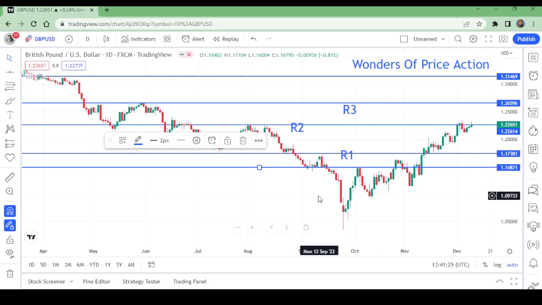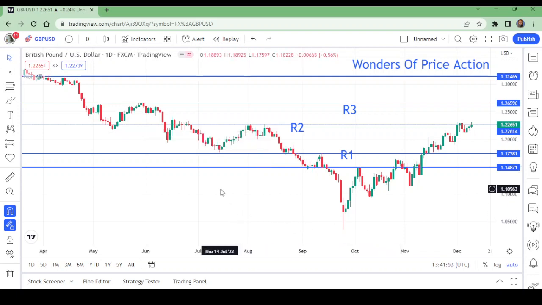This was a real resistance. This was a support turned resistance. First it was support, then it resisted, but didn't send the pair back. It worked as a temporary resistance. This is the real resistance which throws down, sends down the pair.